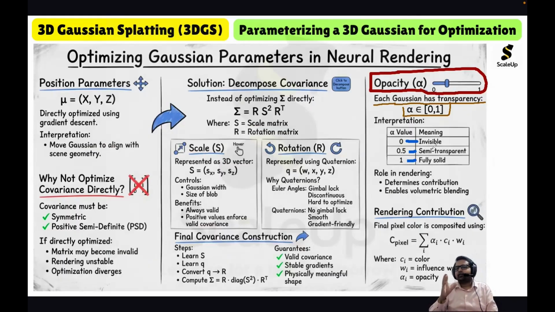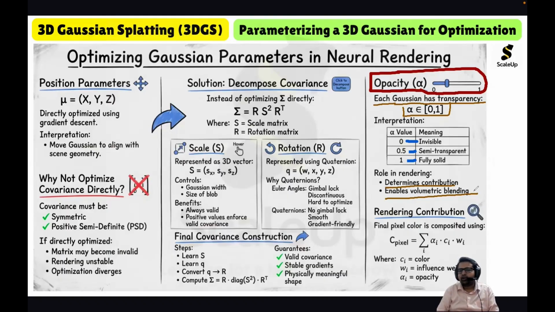So now it's very clear: the value of alpha defines the transparency of a 3D Gaussian, and it's very important. In optimization, it determines contribution and enables volumetric blending. We'll discuss optimization after some time, but first let us discuss why opacity is important as a parameter. What role does opacity play?